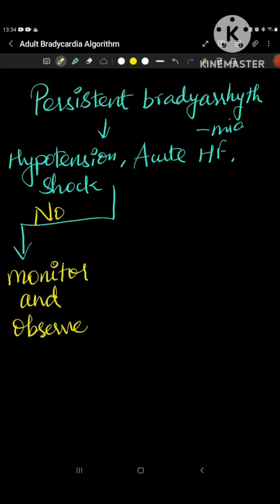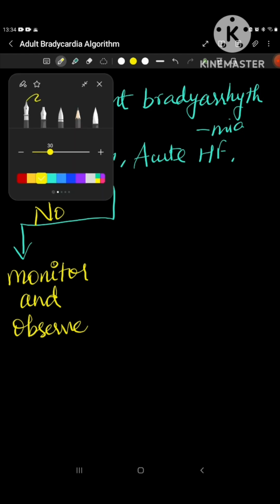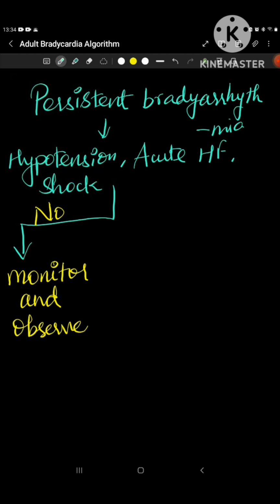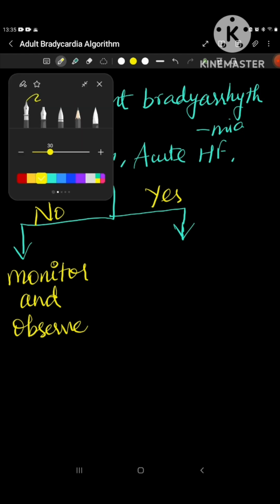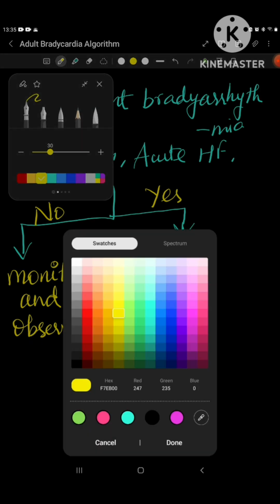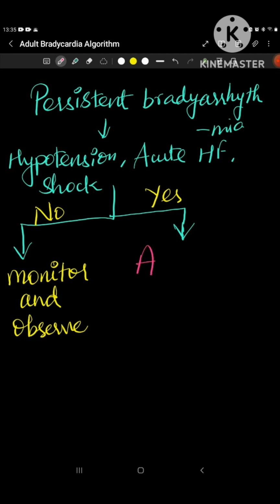But if the heart rate is still persistently below 50 beats per minute, and the patient has some discomfort and the signs which we discussed, like hypotension, the BP is also low, then we are going to start the patient on atropine.